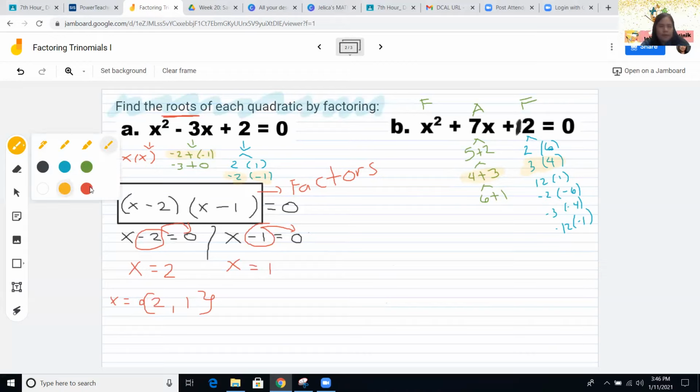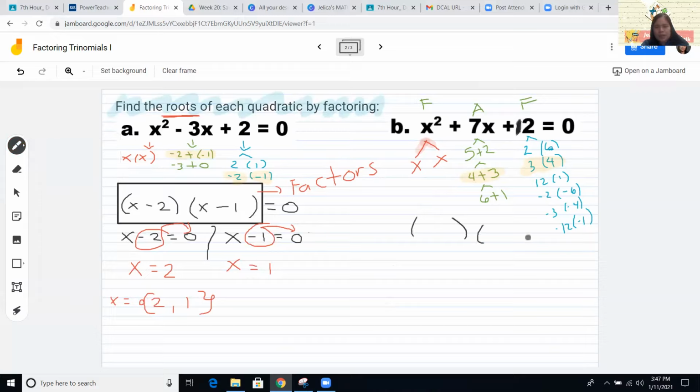Then after that, we're going to factor the x squared. We have x and x. Okay, let us change it into a marker. So we have x and x in here. After that, you're going to find the factors. Very easy.